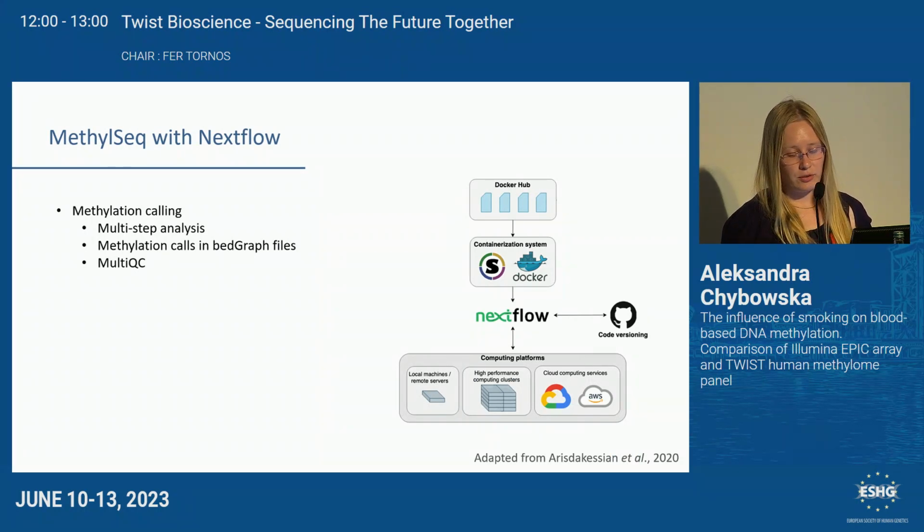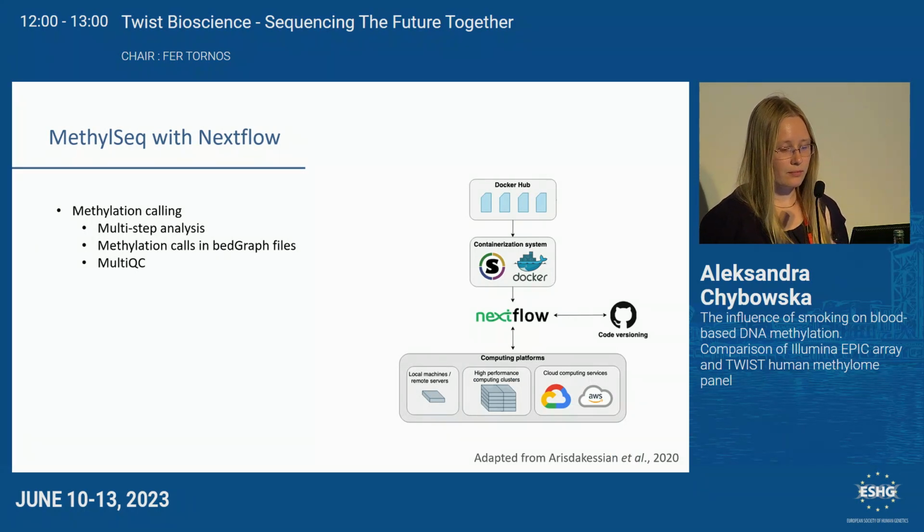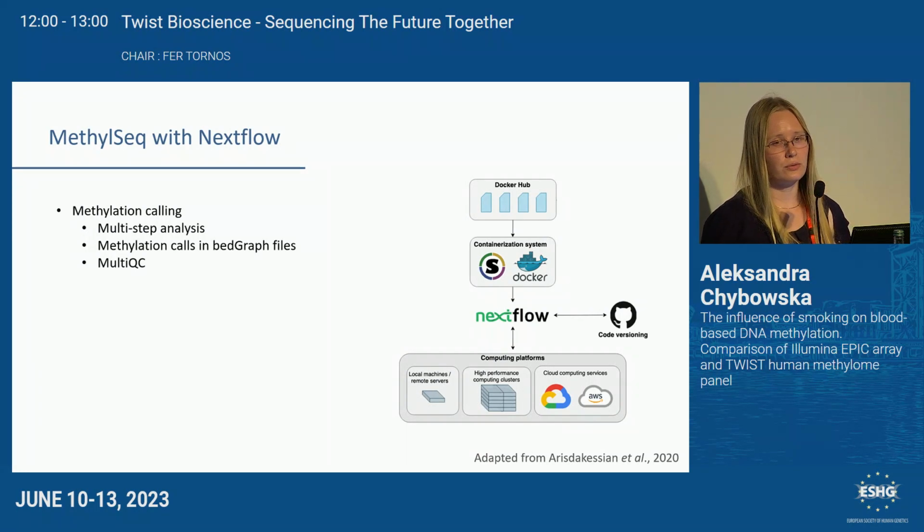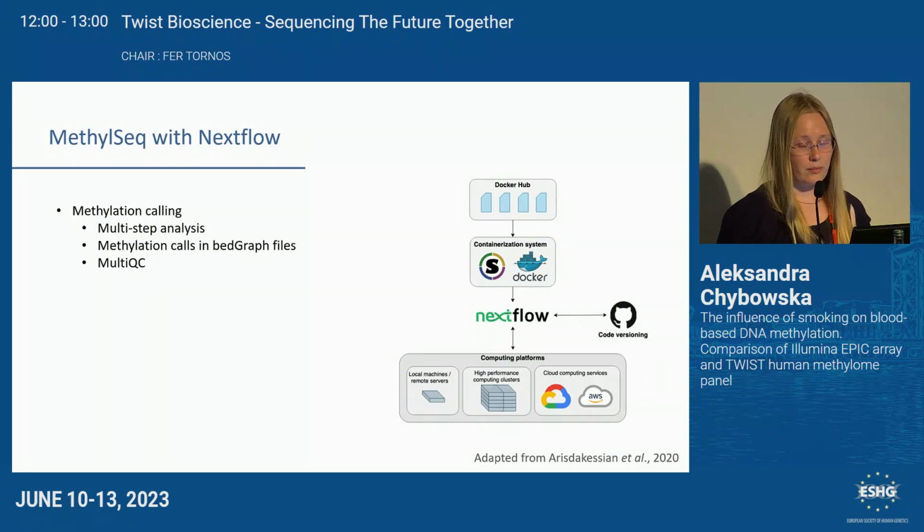So let's start from methylation calling with Twist. I decided to use an Nextflow pipeline called methylseq in order to call methylation in Twist data. Methylseq was developed by the nf-core community. It was also curated by the same community.